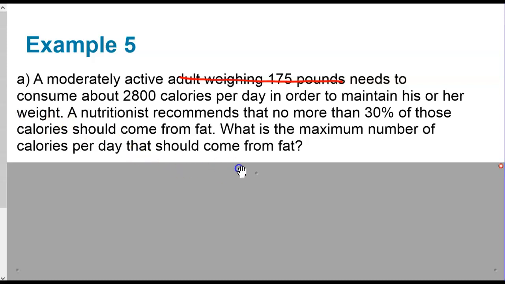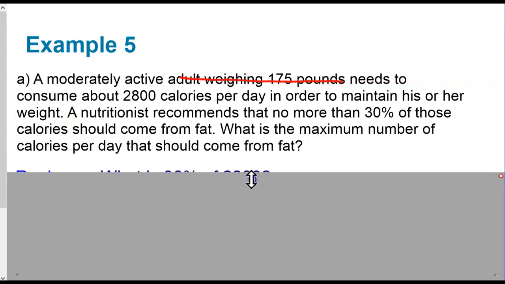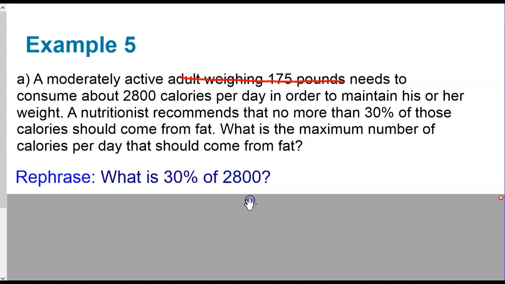So let's look at this and rephrase it, and you'll see this is something we're going to do. What we really want to ask is, when it says what is the maximum number of calories per day, well, we know that the maximum number of calories is 30% of 2,800 calories. So we're going to see what is 30% of 2,800.